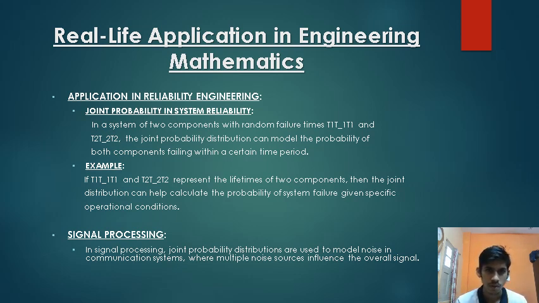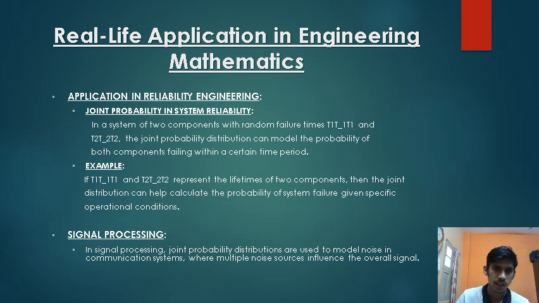In a system of two components with random failure times T1 and T2, the joint probability distribution can model the probability of both components failing within a certain period.